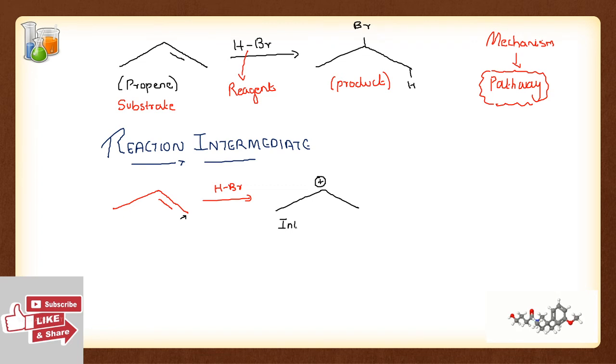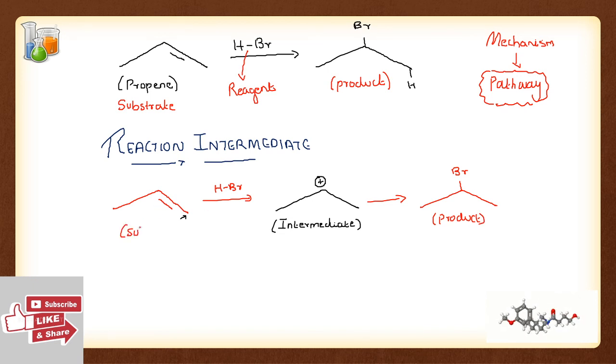This is the intermediate of this reaction. After this, the Br comes and attacks the plus. The Br attacks this carbon atom with the plus charge, and finally it gets attached over there. This is how we get the final product. So here propene is the substrate, and you can clearly see that the intermediate is formed between the substrate and the product.